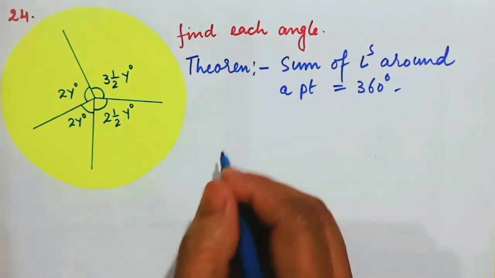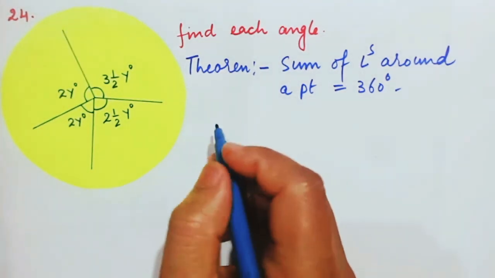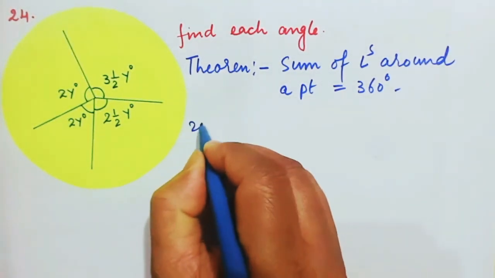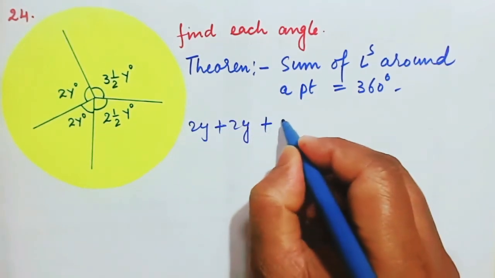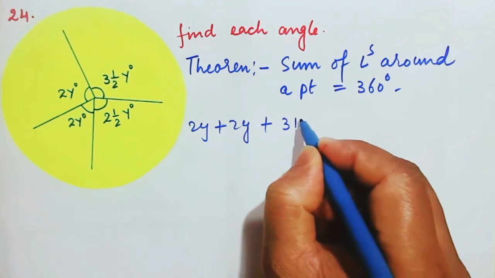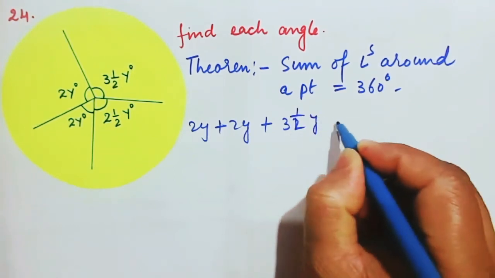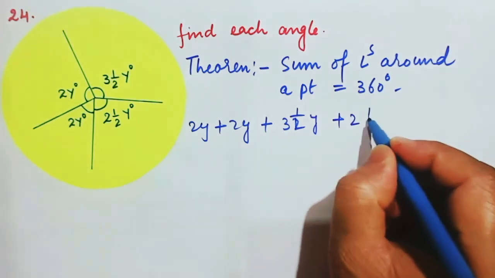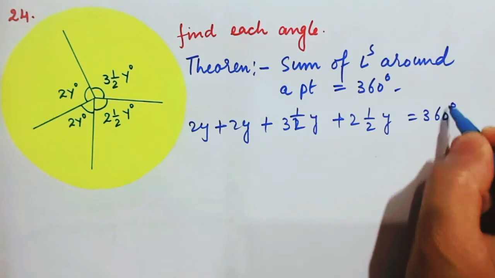Now the problem here will lie in addition, but if we are careful, no problem will be there. 2y plus 2y plus 3.5y plus 2.5y will be equal to 360 degrees.